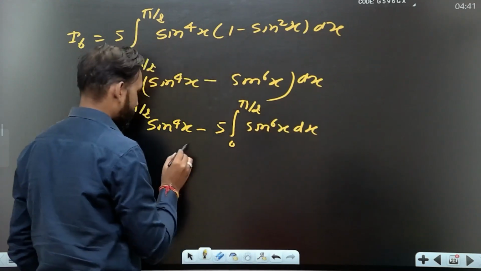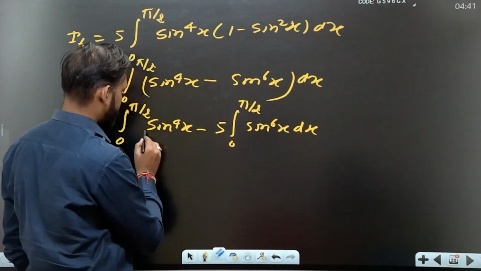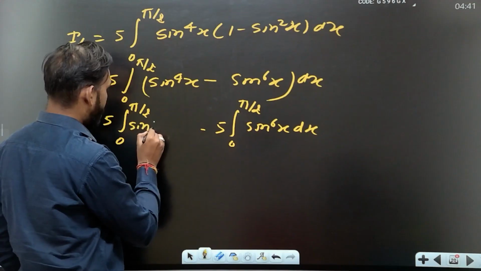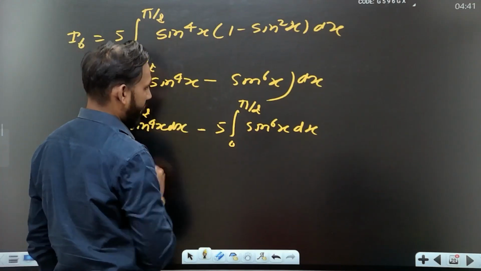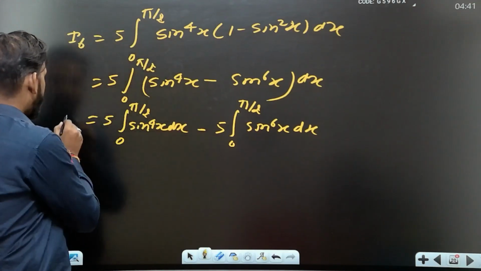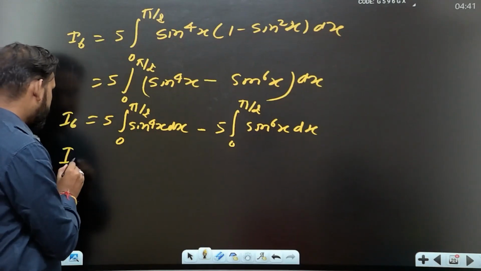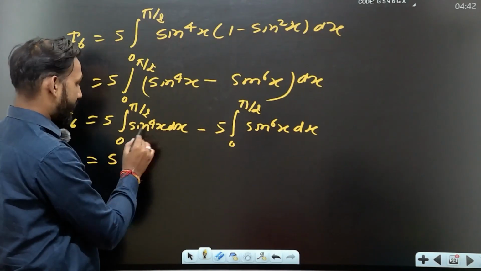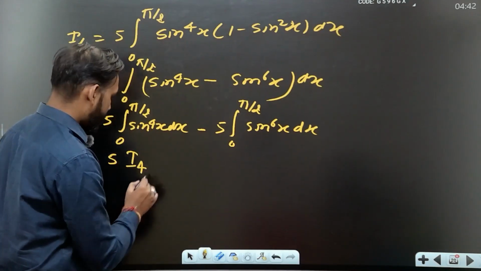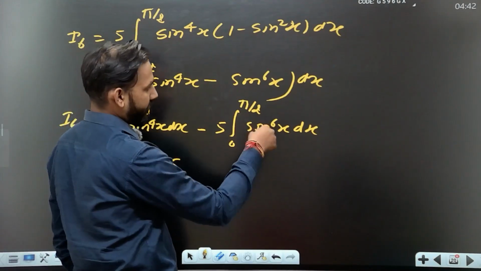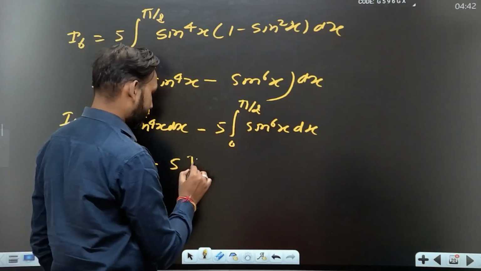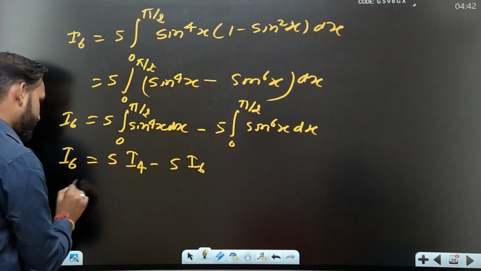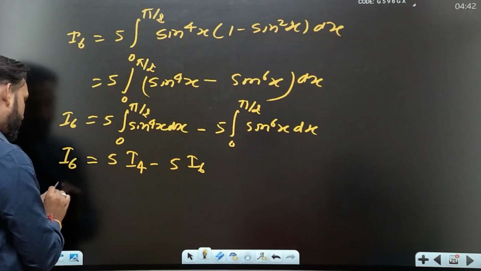Now this is I6, and we can write 5 as it is times I4, and minus 5 as it is times this integral, which is I6.